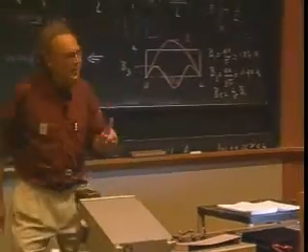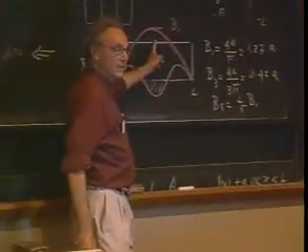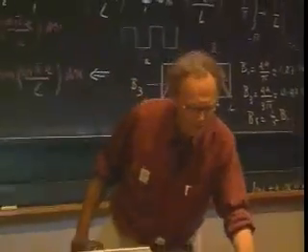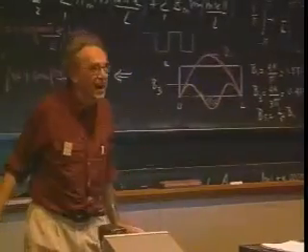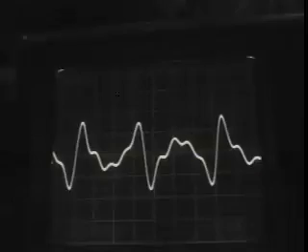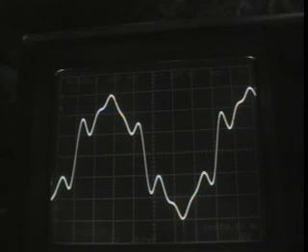It is clear that B1 is very, very important. So if I take B1 out, which I will do now, it doesn't even look like a square. That shows you how important that first term is. If I take B3 out, that is less disastrous, but it is still pretty disastrous. But you already begin to see something that looks like a square slowly.